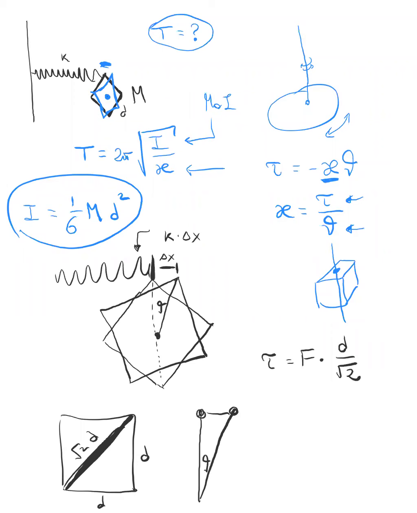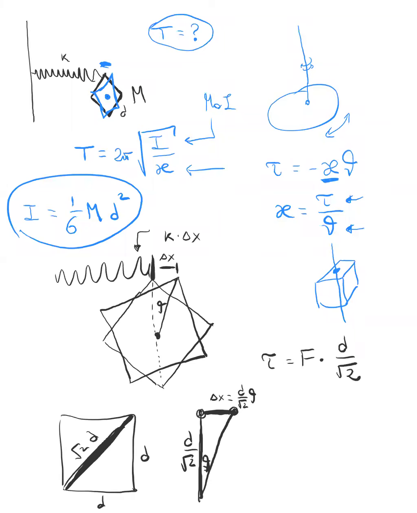And so if I moved by angle theta, and if this was d divided by the square root of 2, then the arc is equal to the angle times the radius. So this delta x will be d divided by the square root of 2 times theta.